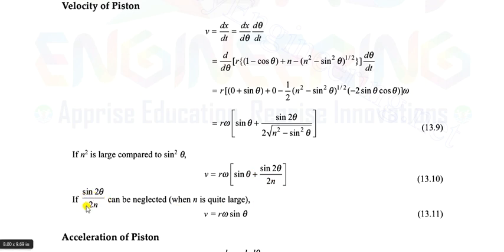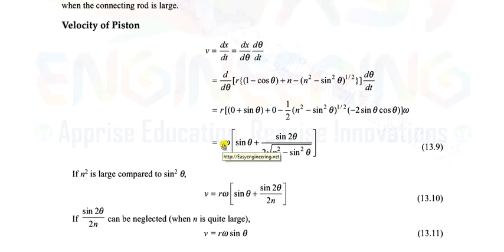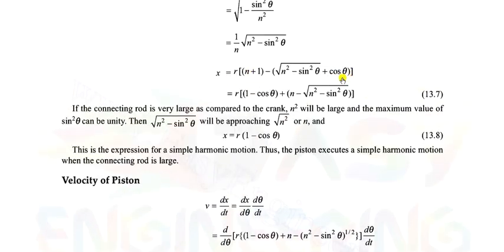Sin 2 theta by 2n can be neglected because n is very large. Sin 2 theta can be maximum 1, so this will not make much difference, and can be neglected if n is quite large. In that case it will become r omega sin theta. But you have to remember these are the cases. We have to remember this derivation. So this is your velocity relation, this is your displacement relation.